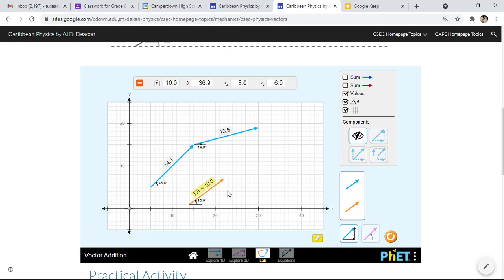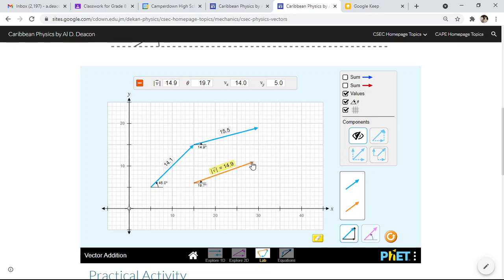I would have laid out my protractor there, and measured 14.9.